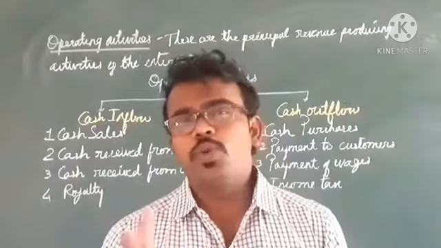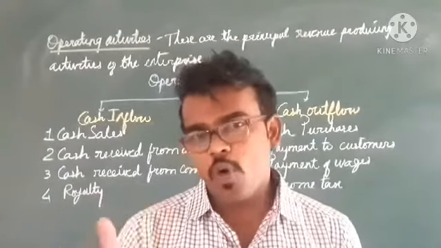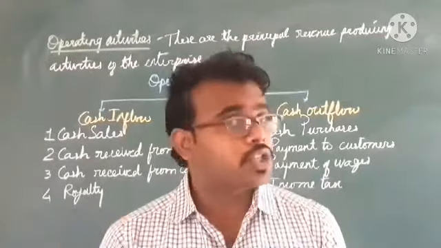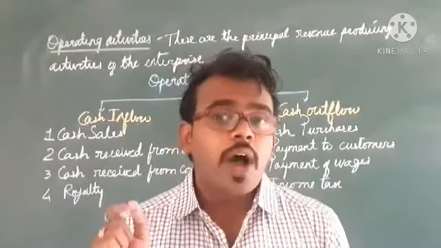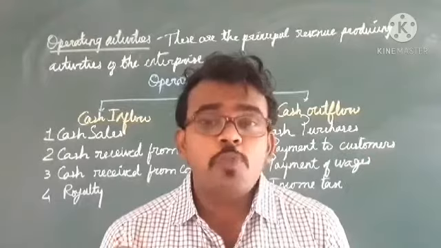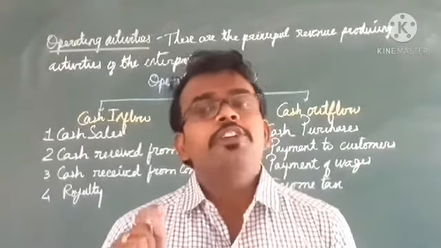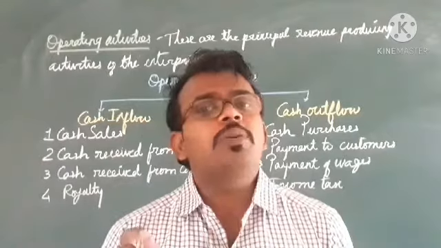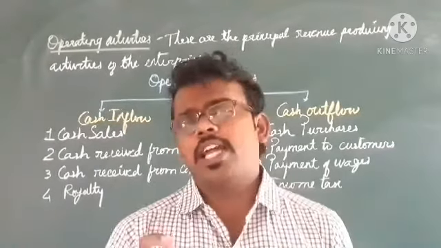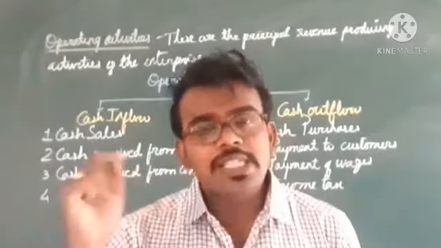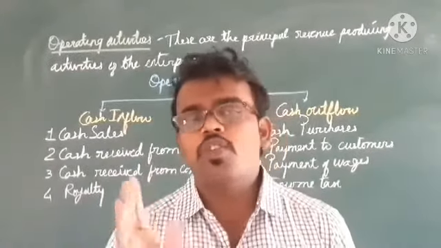We have divided cash flow from operating activities into two categories, cash inflow and cash outflow. As I told you earlier, you have to think from the business point of view, not from a personal point of view. Cash inflow means if any amount comes to the business, that is considered a cash inflow. If any amount goes out of the business, that is considered a cash outflow.